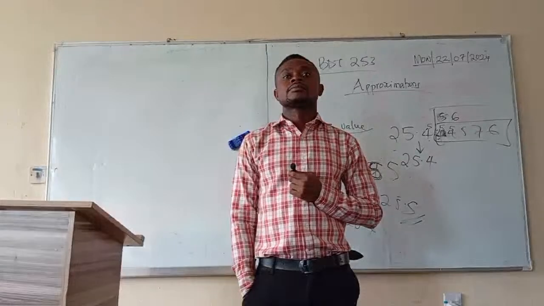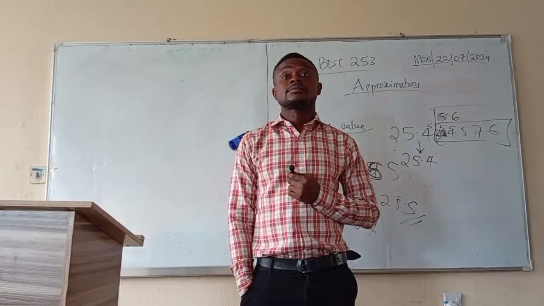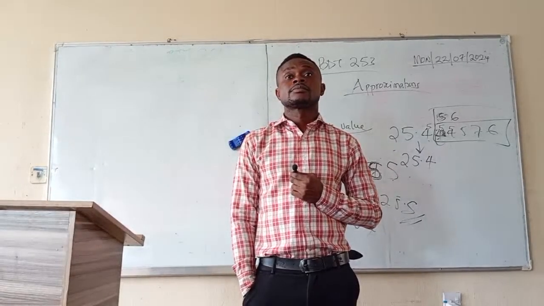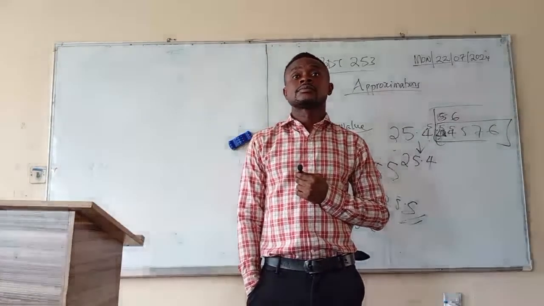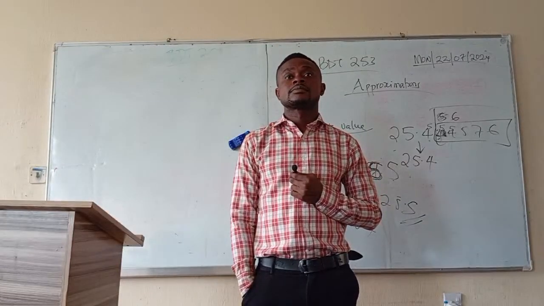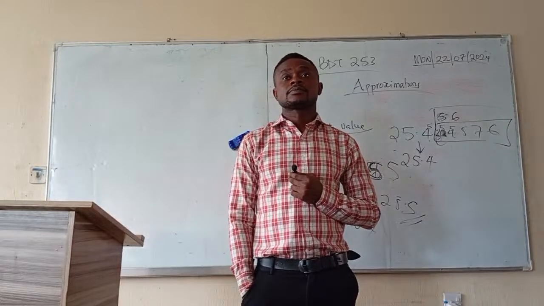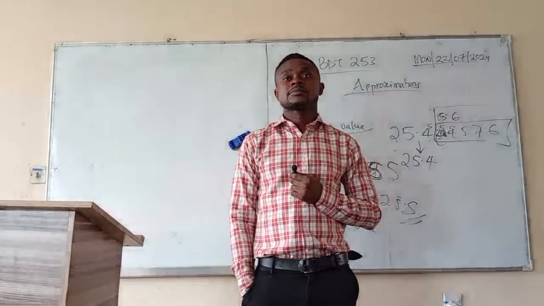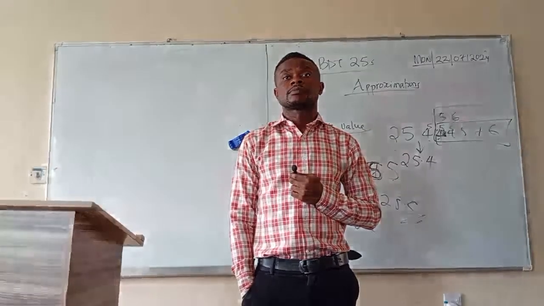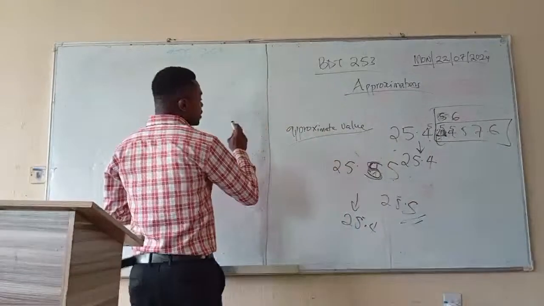So people will get confused and get the wrong answer. I must say that once you cut it, you check only the digit next to it. If it's not up to 5, you check only the one that you are asking about.